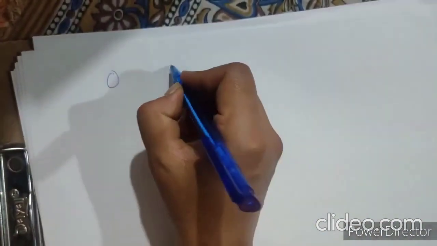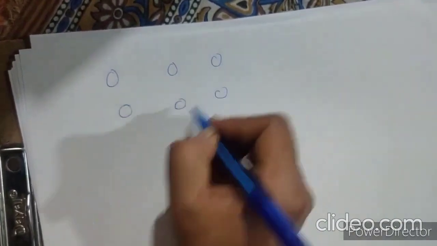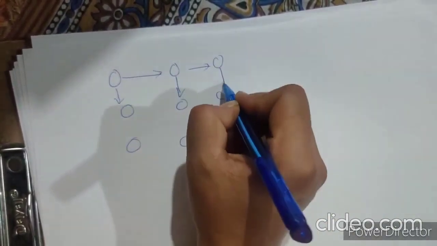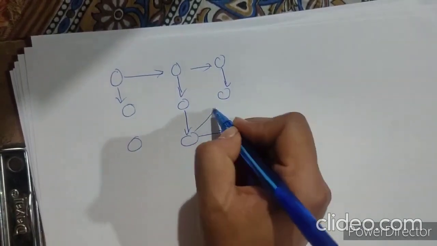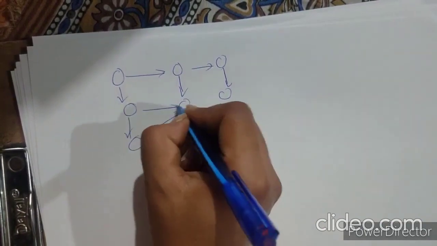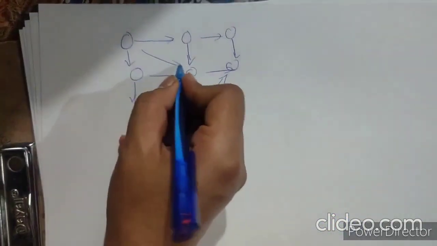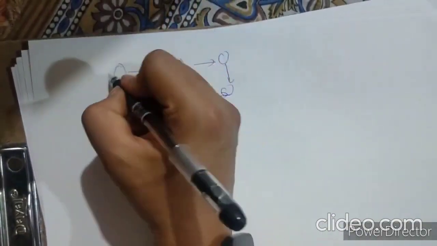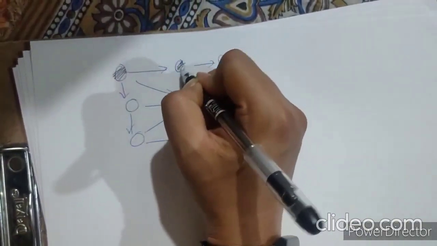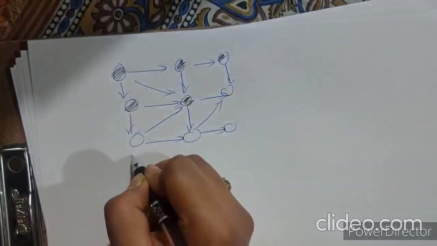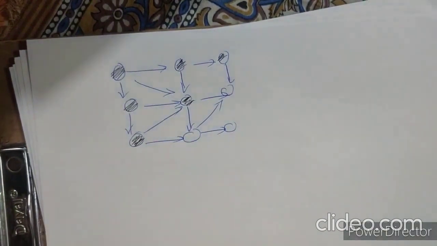So let me take this. Alright, so 0 is black, 1 is black, 2 is also black, 3 black, 4 black, and 6 is also black.